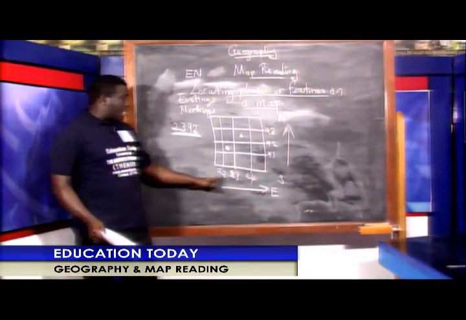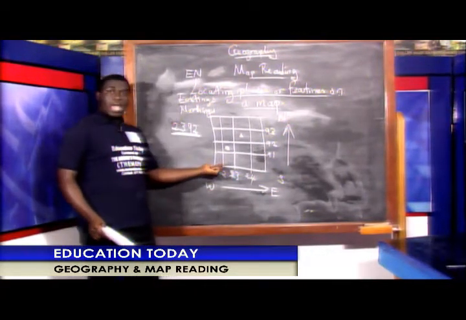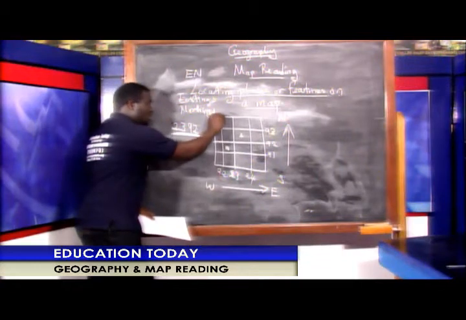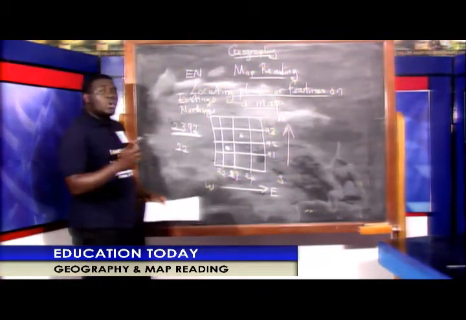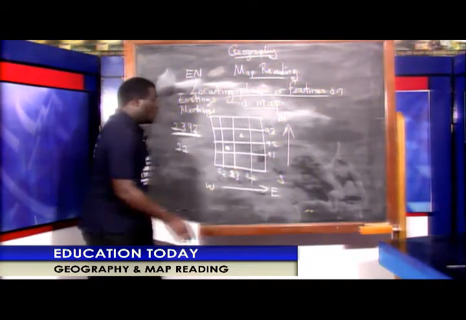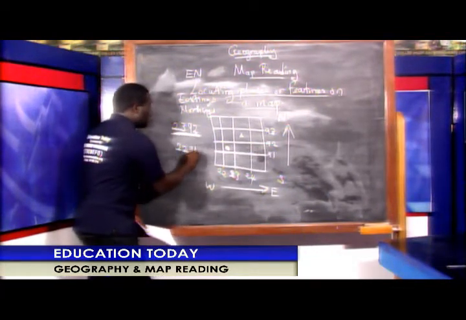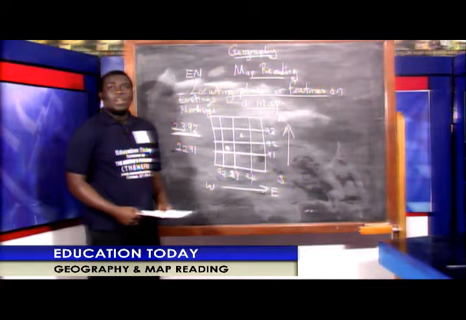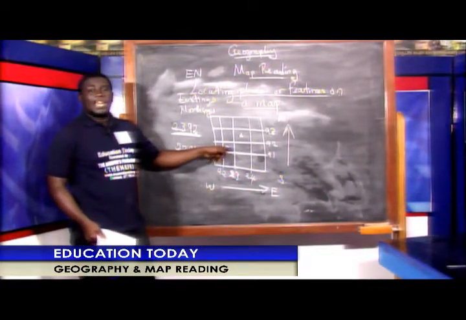We do not take the easting to the east, but we take that to the west, which means that we are going to use this. We have 22, and then we are not going to use the northings to the north. We are going to use the northings to the south, which means that we are going to have 91. So we have 22, 91. That is the 4-figure grid reference of this particular quarry.